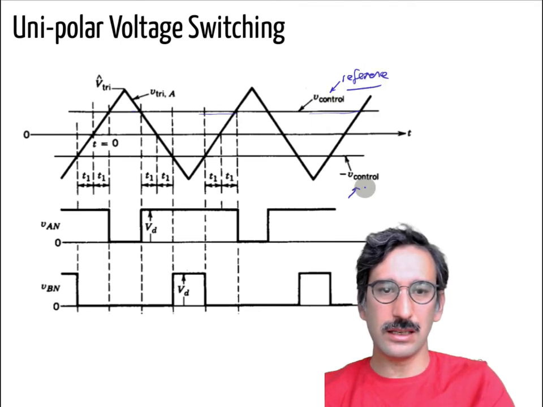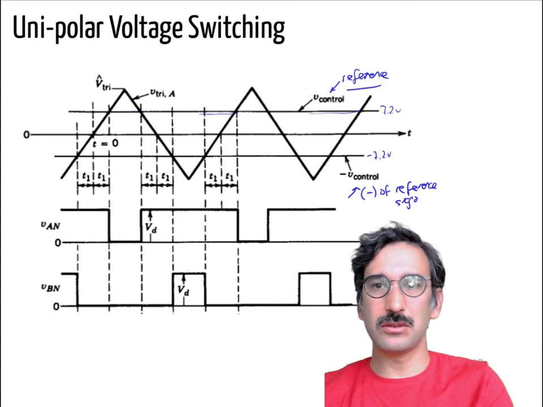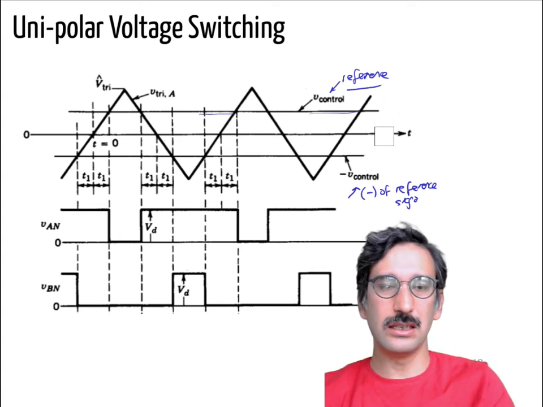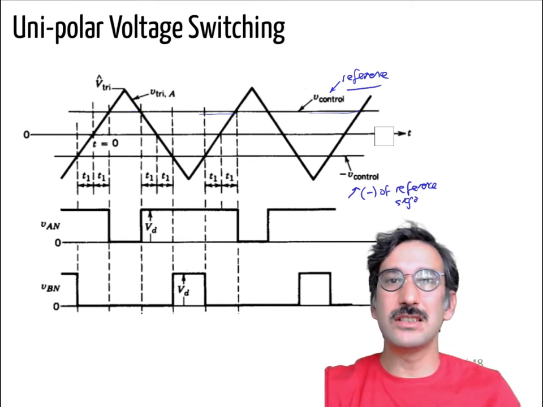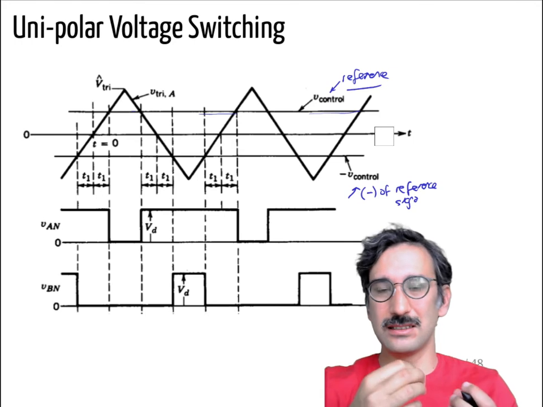Then I have minus of the reference signal. So for example, if you want to generate 7.2 volts, you apply 7.2 volts and you apply minus 7.2 volts. But those are not, of course, the voltage levels that you draw a current from. Those are signals, analog signals.